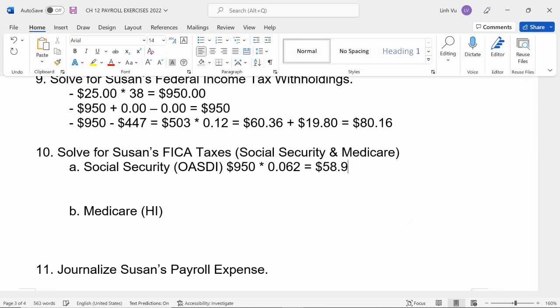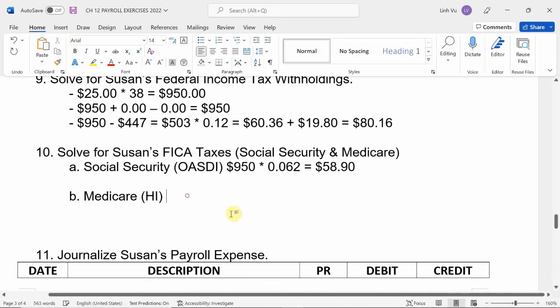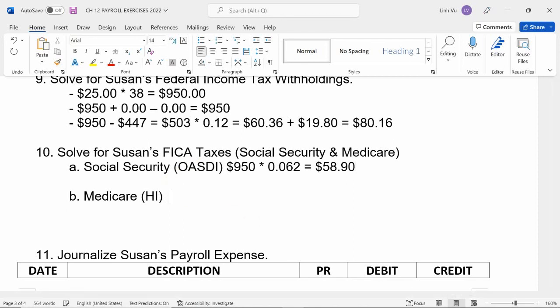Good. What about Medicare? What percentage do we use? 1.45. Correct. So how much is she going to put into her Medicare? $13.78.